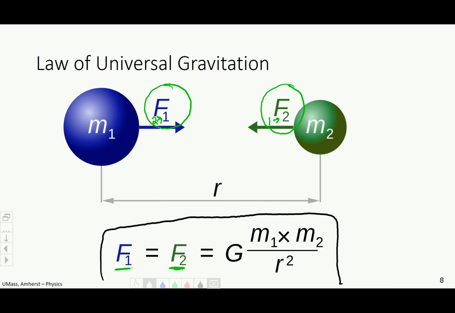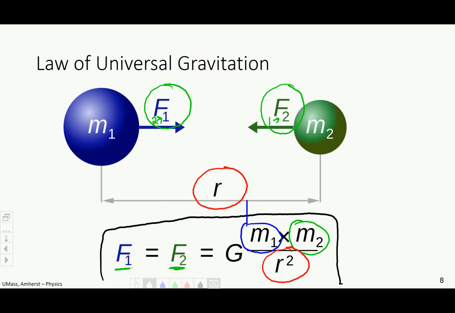Well, it turns out it is the mass of the first object, that's in blue, the mass of the second object, multiplied together, and then the radius, this r, is squared. What is this r?